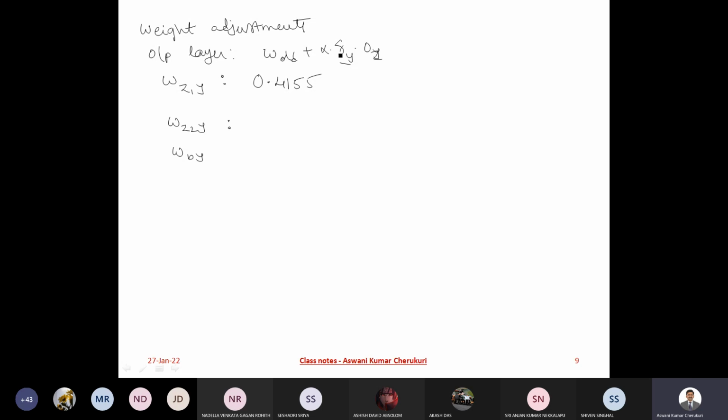This is the learning constant, this is the error term, and this is the input on that connection.